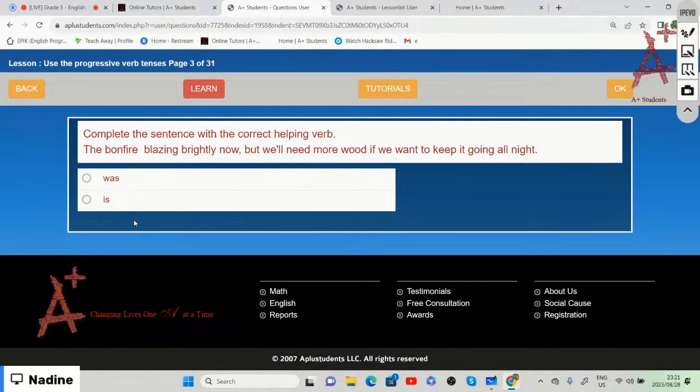So it's blazing right now. If it's blazing right now, then it's telling us it's in the present progressive tense, something that is happening right now. So if we use the correct helping verb, then it will be is.